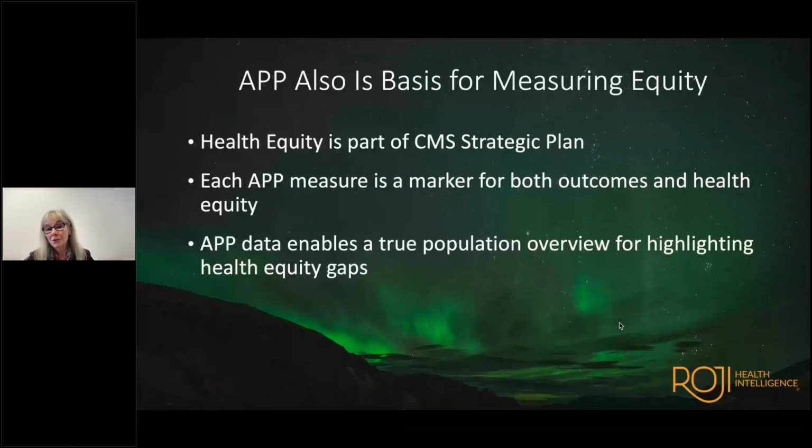APP is also the basis for measuring equity. So one of the advantages of using it for any initiative is that, especially in quality, it can help also improve health equity.